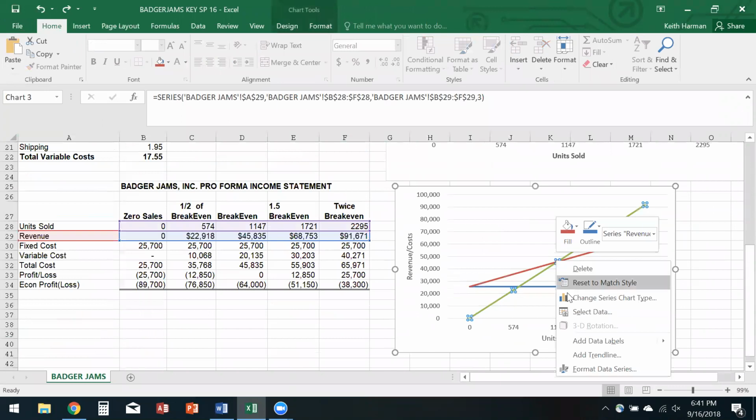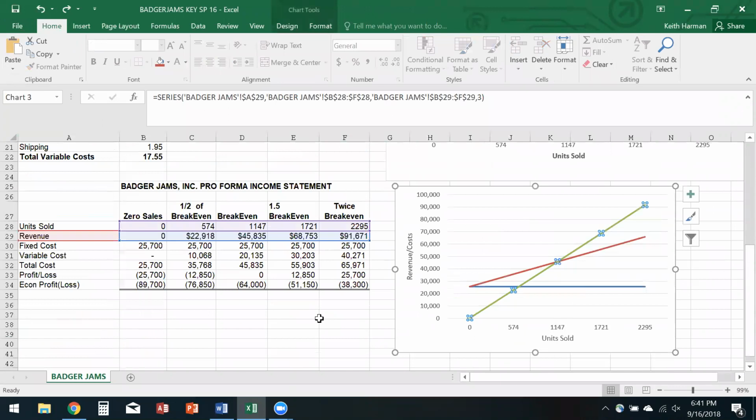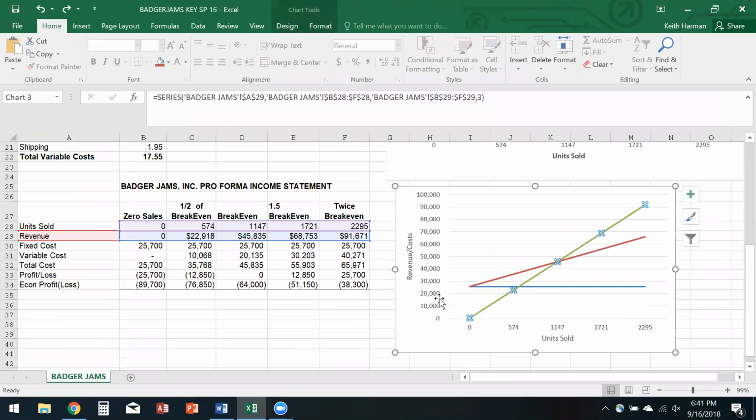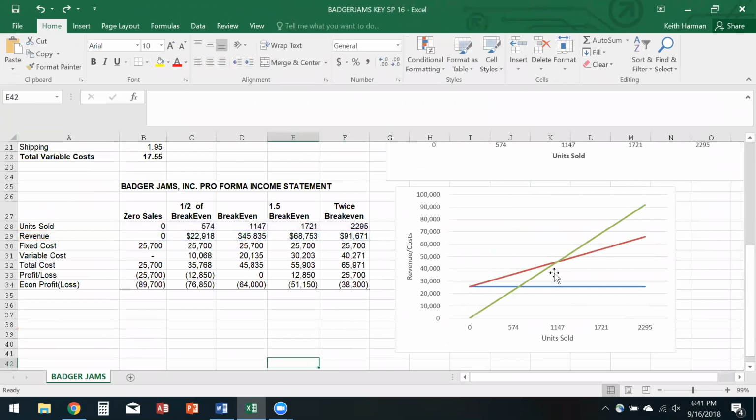And again, you could just go ahead and add that one figure in there if you chose to do it. I believe what I probably did was just put a data label with that point. Same thing over here. So this is break even.